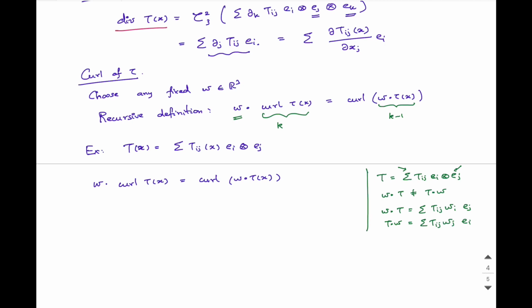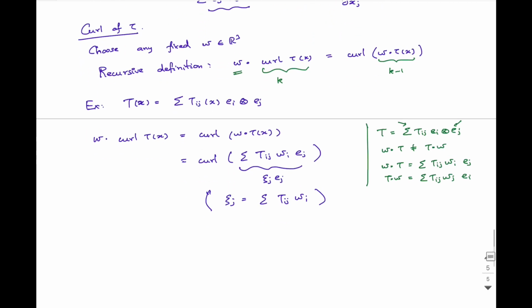So what we have here on this side is nothing but the curl of summation T_ij w_i e_j. This is nothing but a vector field. So let me call this, say, some xi_j e_j, where xi_j is nothing but summation T_ij w_i. That's xi_j.